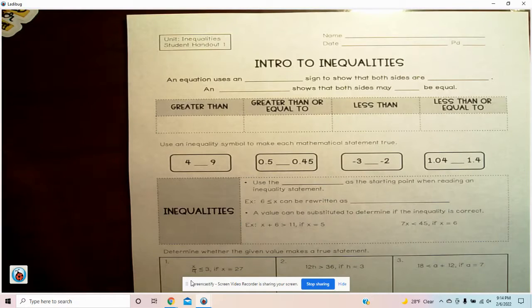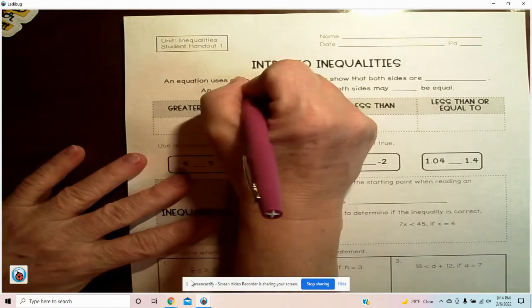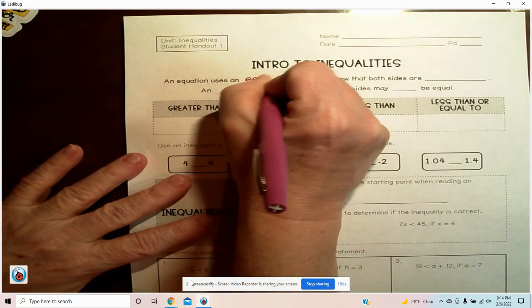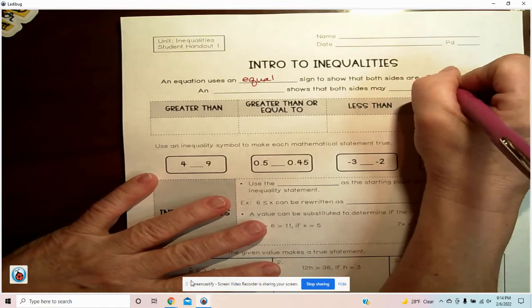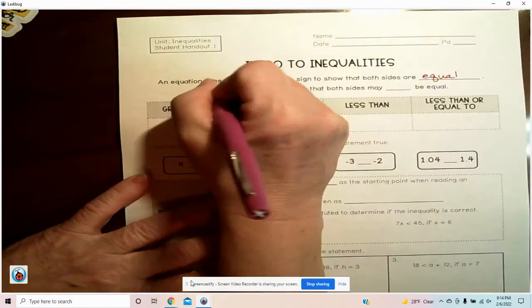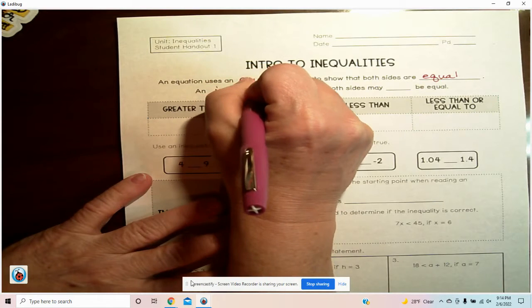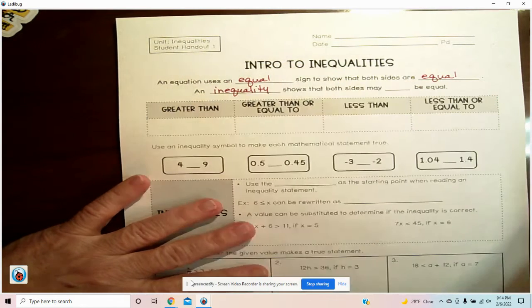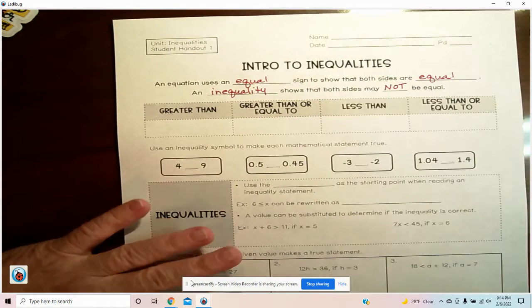This is our first video in our inequality unit, and it's the intro to inequalities. An equation uses an equal sign to show that both sides are equal. An inequality shows that both sides may not be equal.